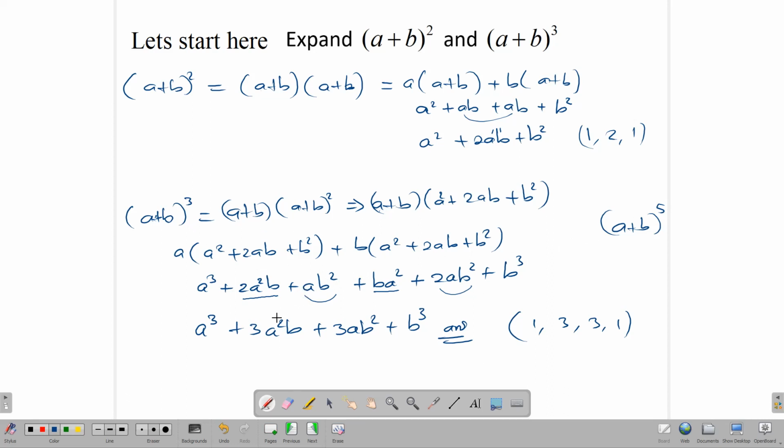So as mathematicians, we need a faster, more efficient way to reproduce this expansion without going through so much work. There are two ways in which we can do this. The first way that we're going to look at today in this lesson is to use Pascal's triangle. And later on, we're going to be looking at how to use the binomial theorem to do this similar kind of expansion.